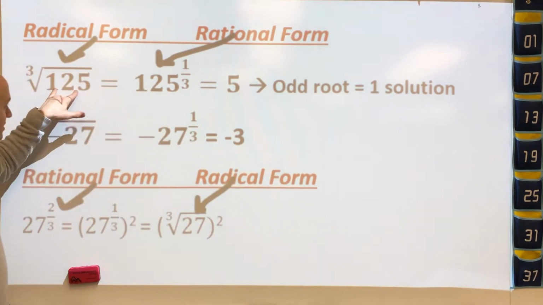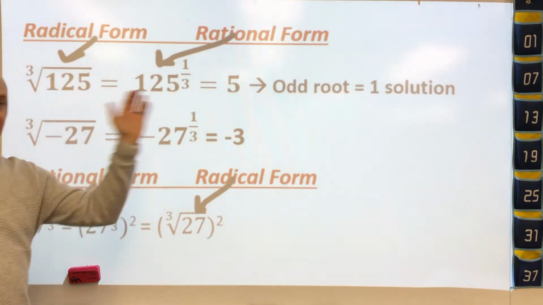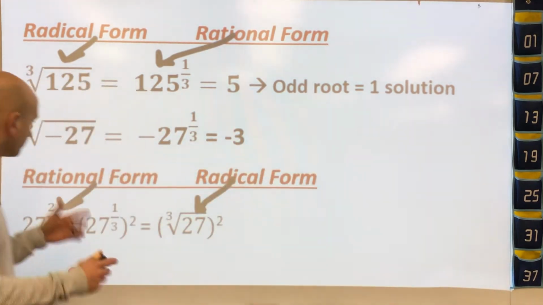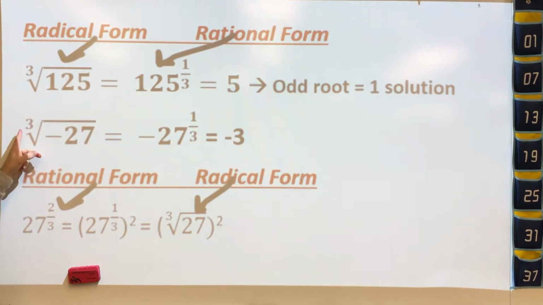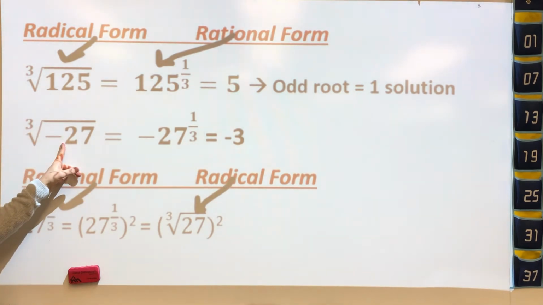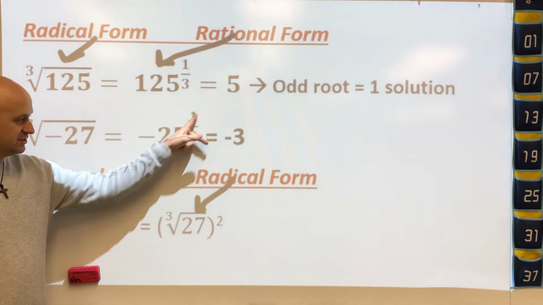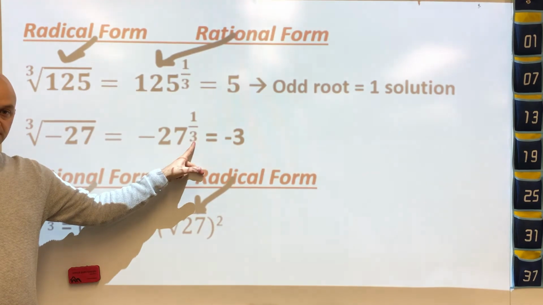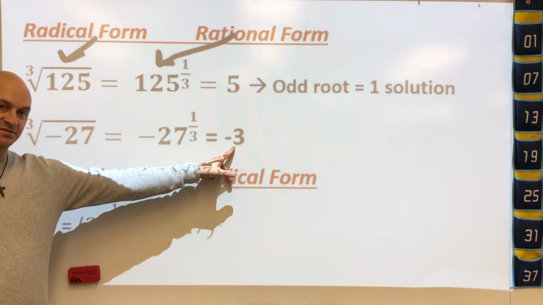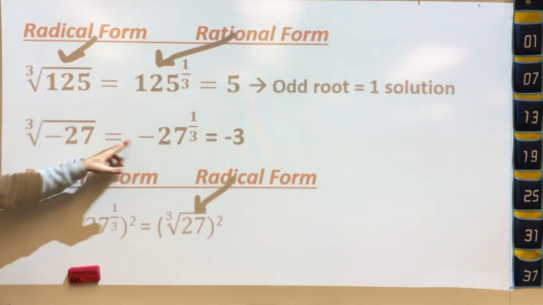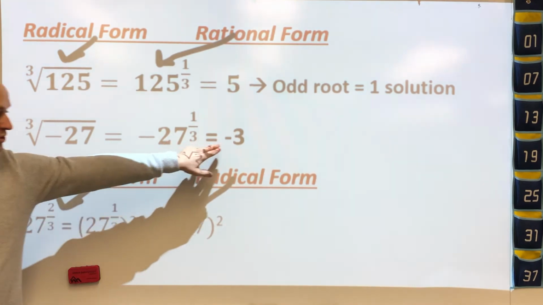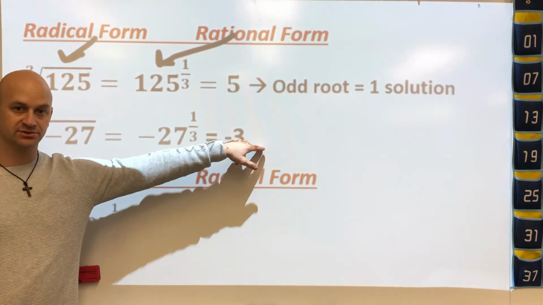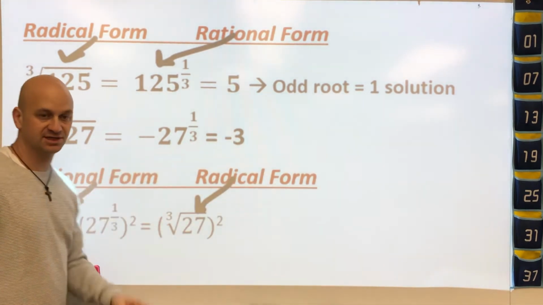If the number is a negative, it'll have a negative solution. So for example, down here, we have the cube root of negative 27. So if we do negative 27 to the 1/3 power, we're going to get negative 3 as our answer. And because it's an odd root, we only have one solution. Very important, so make sure you guys take note of that.